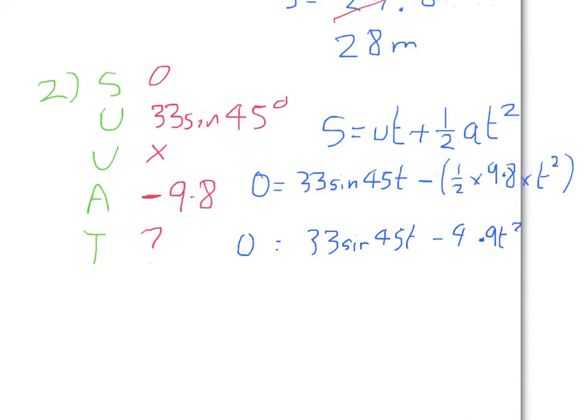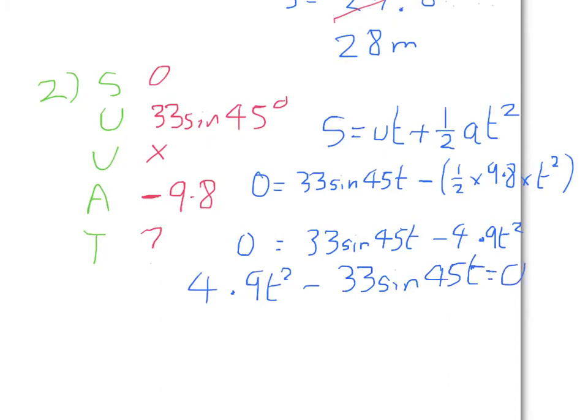Now the easiest way to solve this, because we've got a negative 4.9 t squared, is to add everything onto the left hand side of the equation and set it equal to 0. So that's what I'm going to do. So 4.9 t squared, and then because the 33 sine of 45 t is positive, we're going to subtract that from both sides, and that is equal to 0.